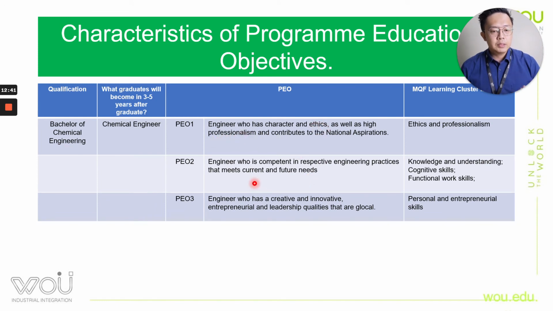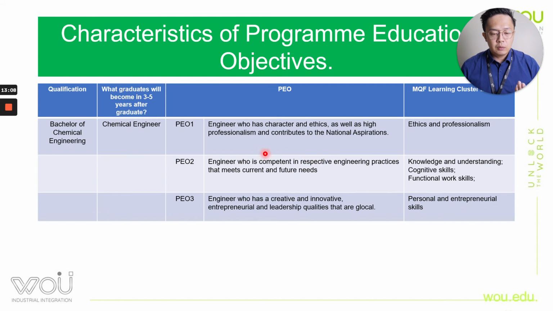Subsequently, the second PEO: engineer who is competent in respective engineering practices that meet current and future needs. I would say that an engineer who is competent in engineering practice should have the knowledge and understanding about the engineering practice. They have cognitive skill, they are able to think, they are able to analyze, and they have functional work skill, meaning they are able to demonstrate their skill in practice.